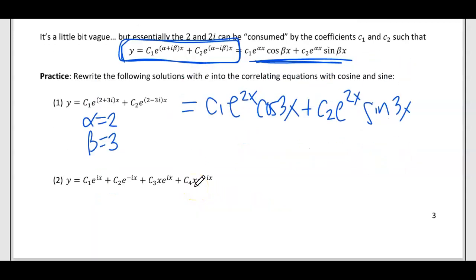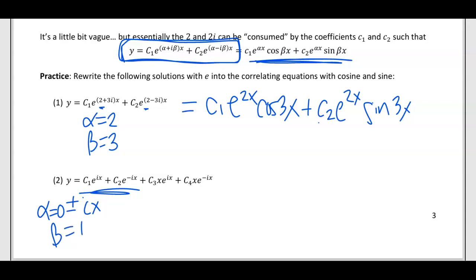All right, let's look at this one right here. Here I have two different pieces. So let's look at this conjugate pair first. I just have an ix. So in that case, and it's a plus or minus, what that means is that alpha must be 0, okay? Because I must have a 0 in the front of that plus or minus piece. And beta must just be 1.